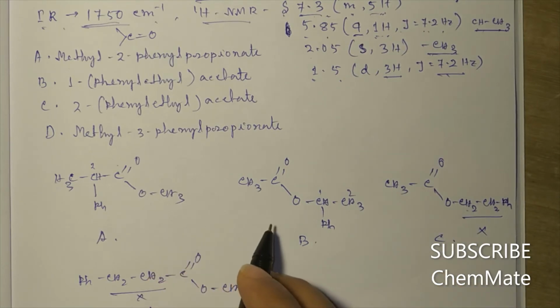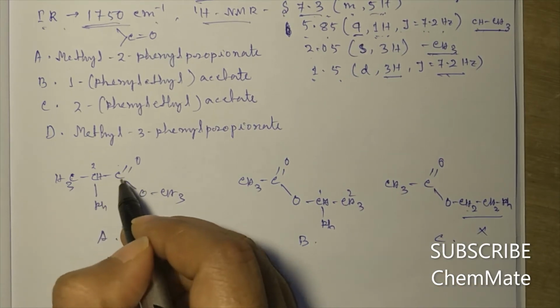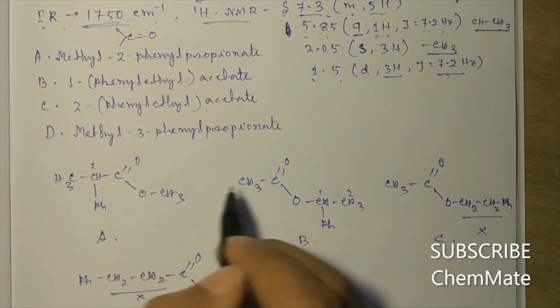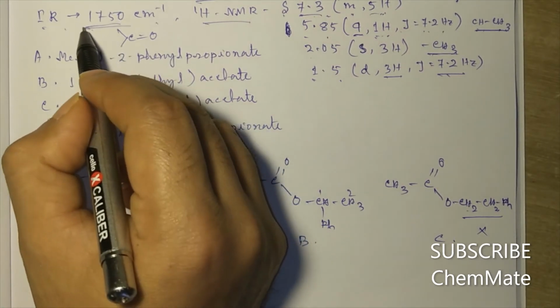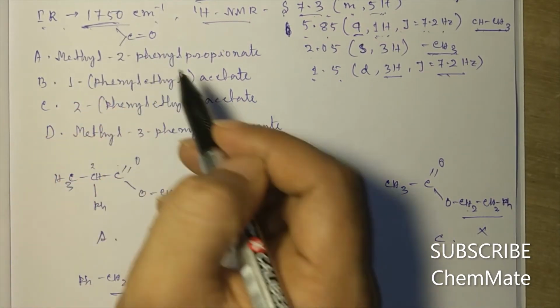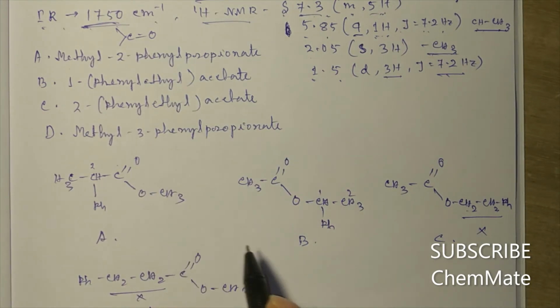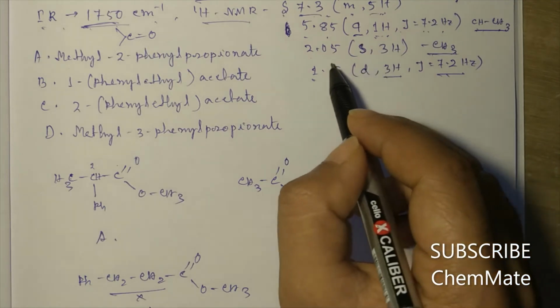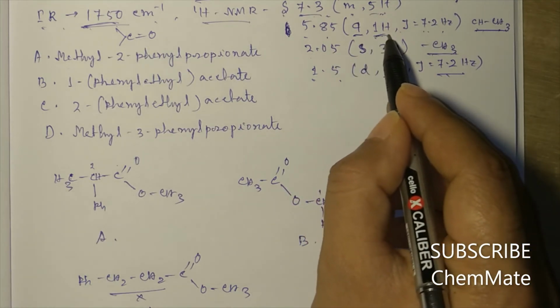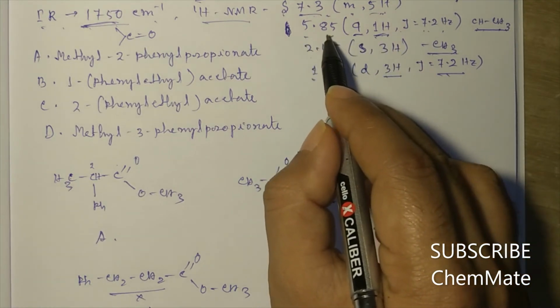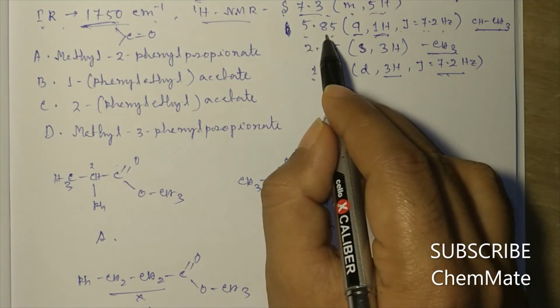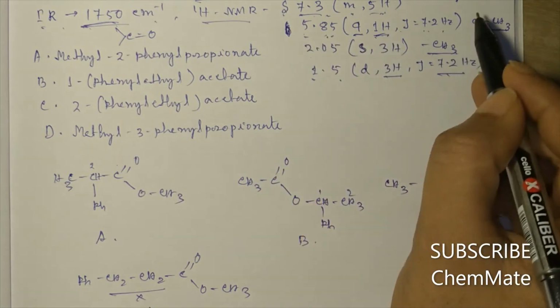Now what will be the answer? Here a carbonyl group is in both these compounds, so this 1750 is for the carbonyl group. Now as we see here, this 1H signal appears at 5.85, that means a strongly electronegative atom is connected with this CH group.